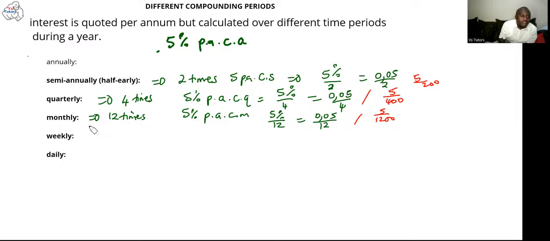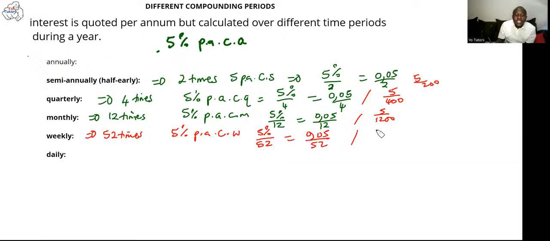But now let's look at if it is weekly. How many weeks in a year? 52. So it's 52 times. If it's 5% per annum compounded weekly, it means it's 5% over 52, which is 0.05 over 52, or you can also say 5 over 5200. What about if it's daily? Daily is 365 times.